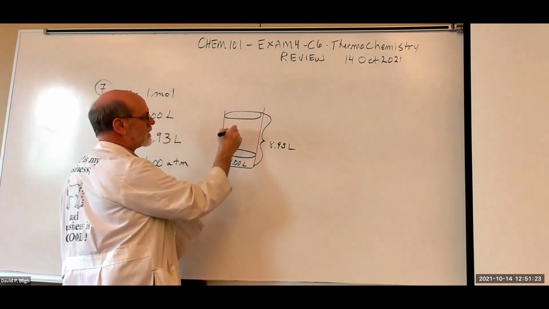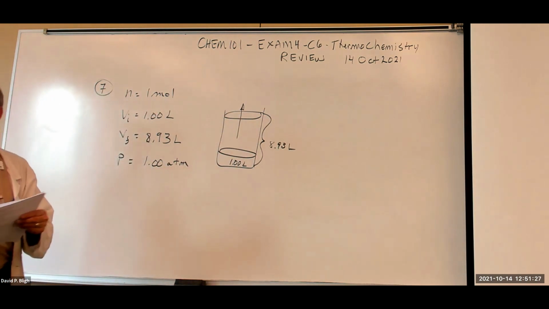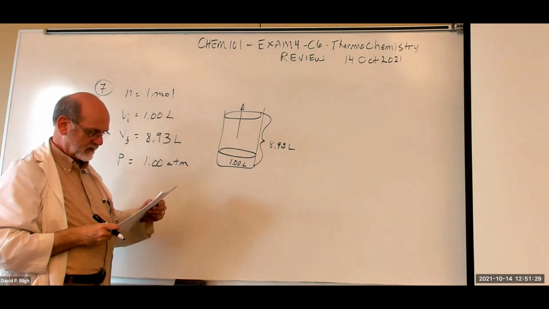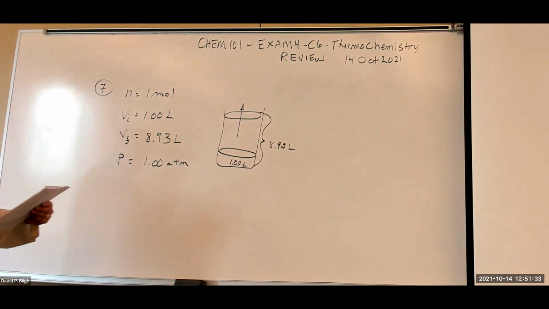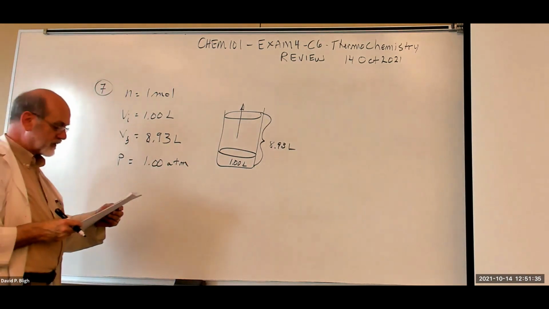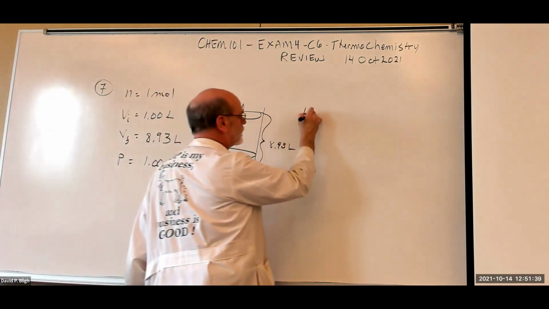It expands? Okay, yeah. So work is being done on the surroundings as the gas expands. All right, so to answer the question, how much work in joules is performed? What's the formula?